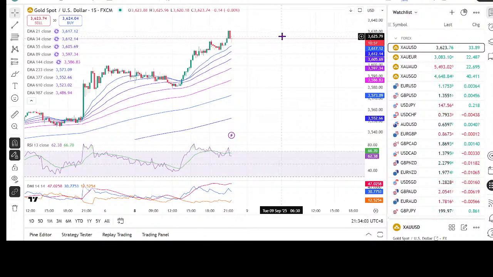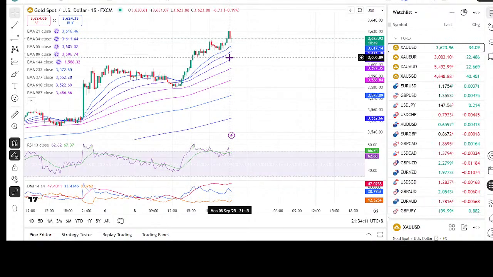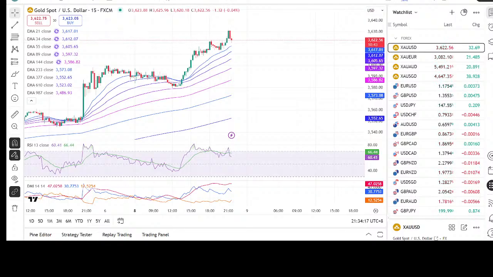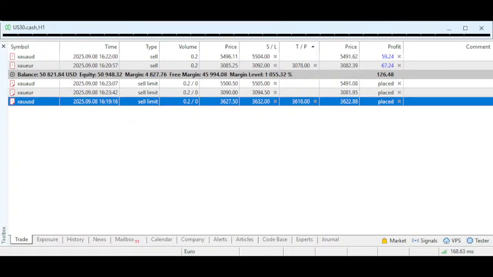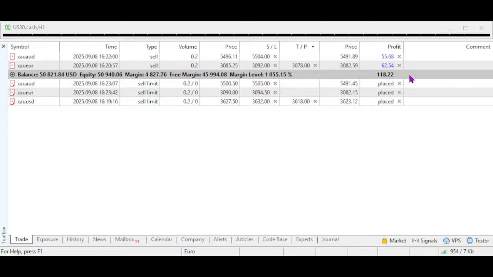What I would suggest is a small trade, small volume, which is usually 0.2. We'll try to sell at 24 half or better. Early on we had a sell at 27 half, so that one we'll need to do some adjustment. So let's quickly sell this, just a small volume.